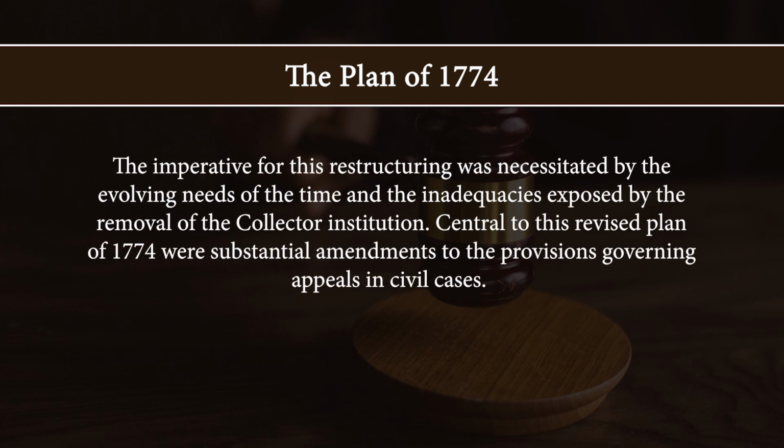The imperative for this restructuring was necessitated by the evolving needs of the time and inadequacies exposed by the removal of the collector institution. Moving ahead, central to this revised plan of 1774 were substantial amendments to the provisions governing appeals in civil cases.